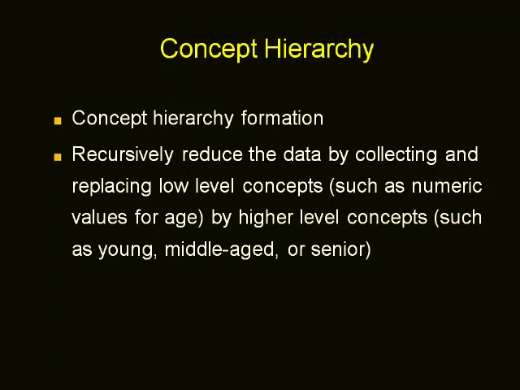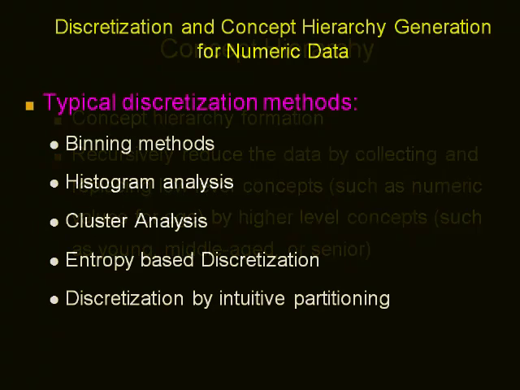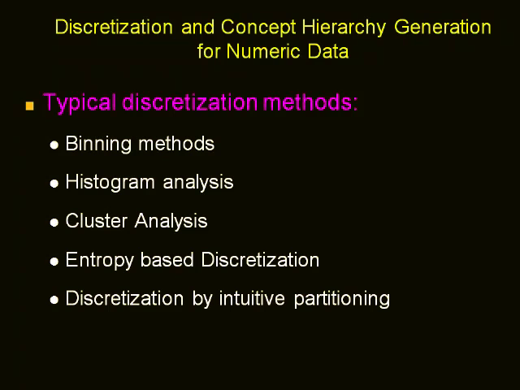Due to these reasons, manually defining concept hierarchy is tedious. But for numerical data, methods exist for automatic generation of concept hierarchy or for dynamically refining the concept hierarchy. In fact, many hierarchies for categorical attributes are implicit within the database schema and can be automatically defined at the schema definition level.